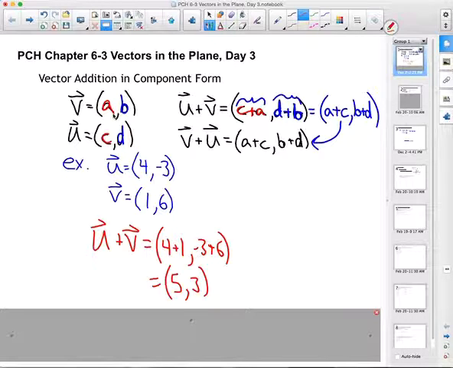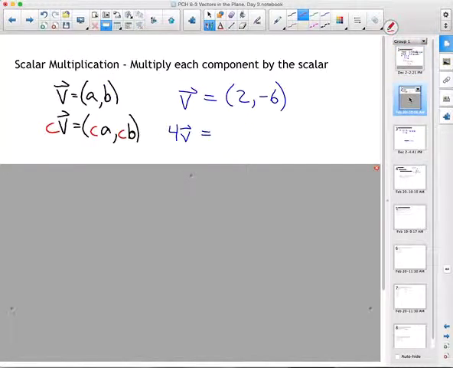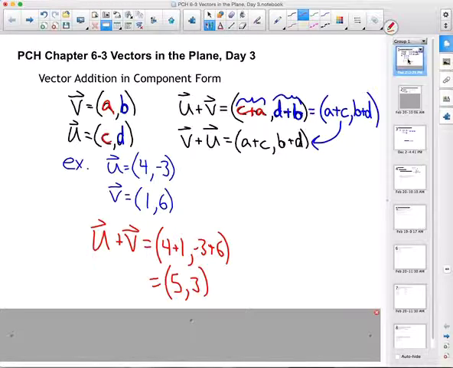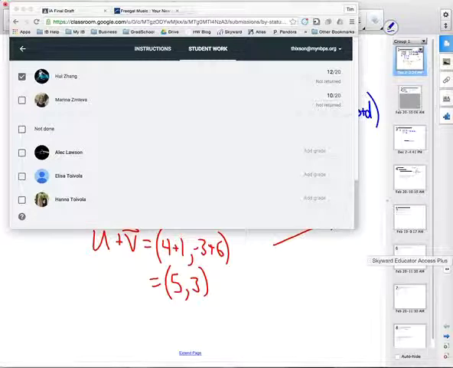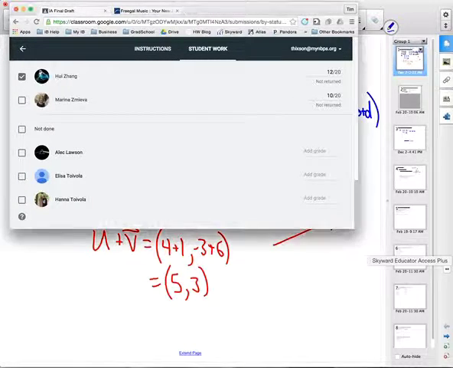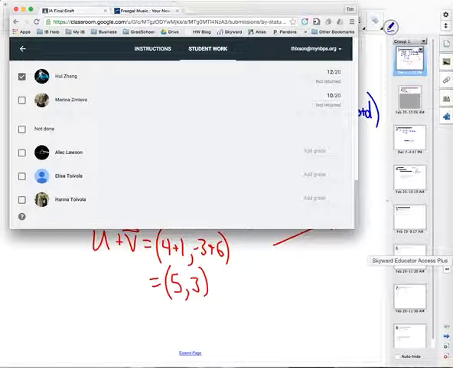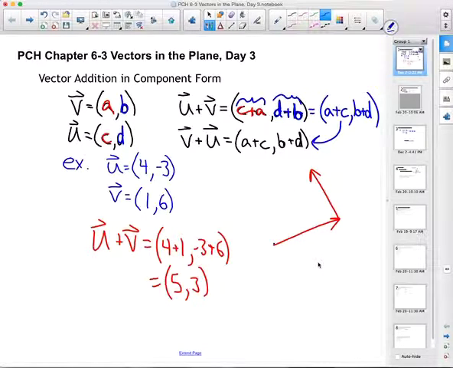The next thing we have is scalar multiplication. How is that different from Tuesday? Well, Tuesday we were just looking at, here's vector u, here's vector v, there's the resultant vector. We were just looking at it visually.